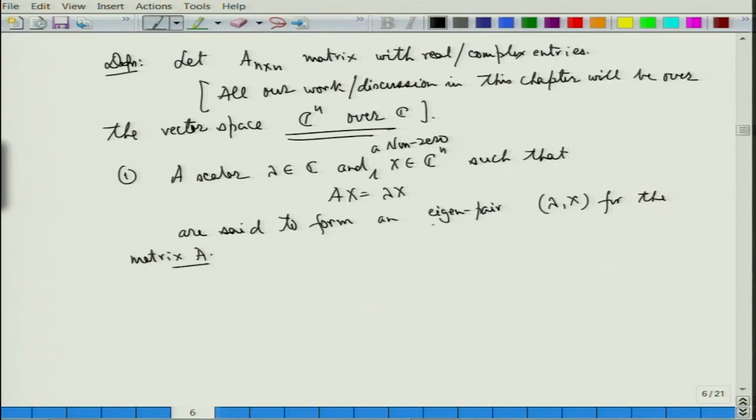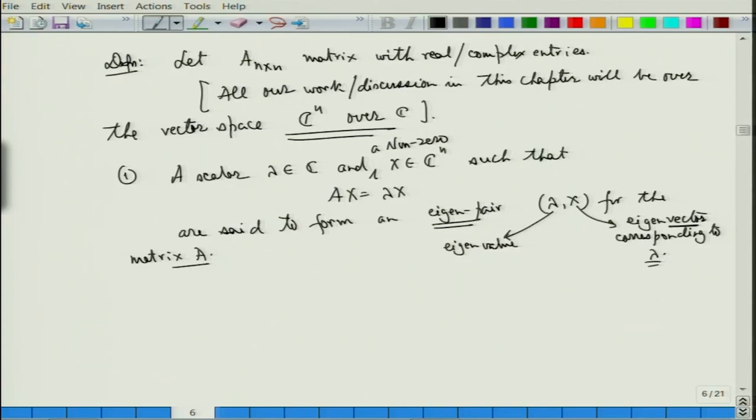So lambda is called an eigenvalue and x is called an eigenvector corresponding to lambda. You have to say eigenpair together, then lambda is an eigenvalue and x is the corresponding eigenvector. Is that okay? That is important for me.